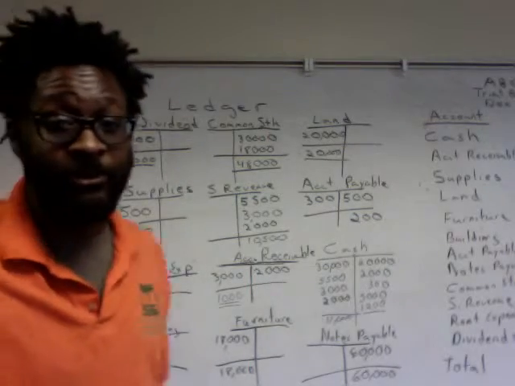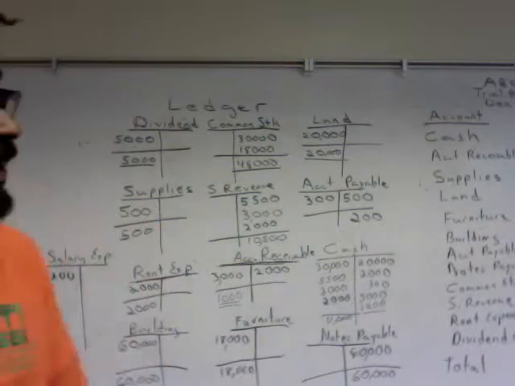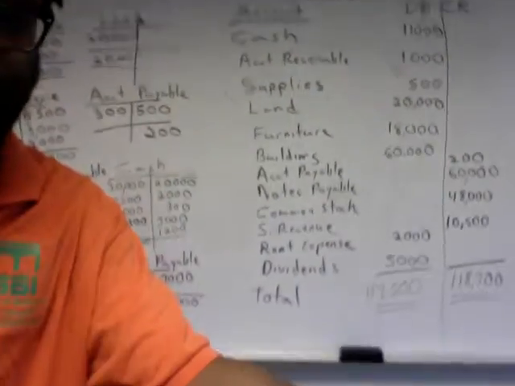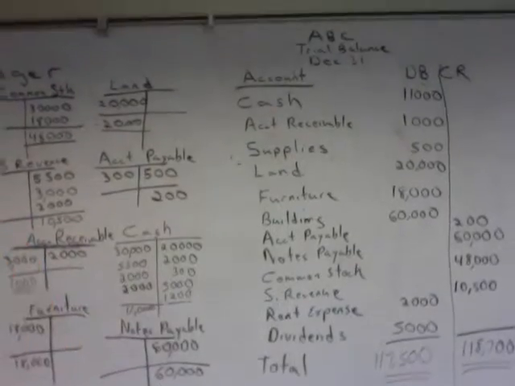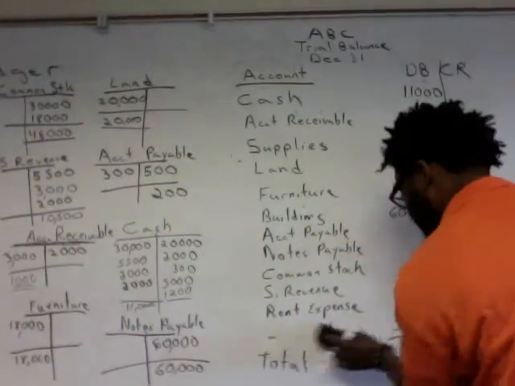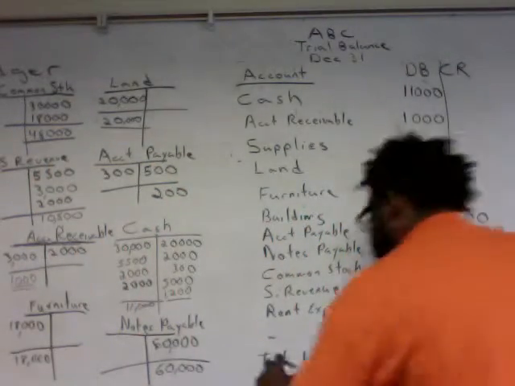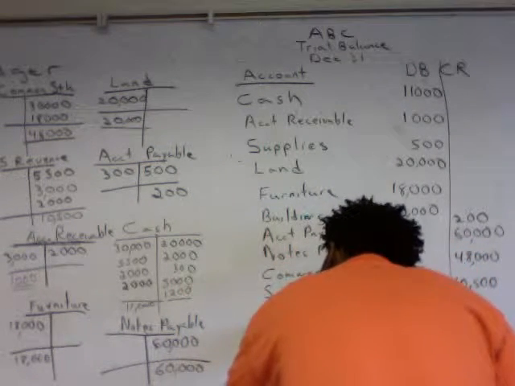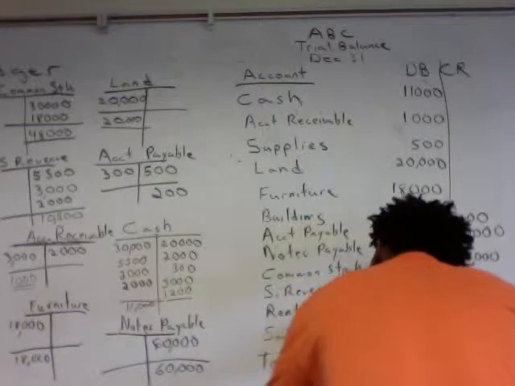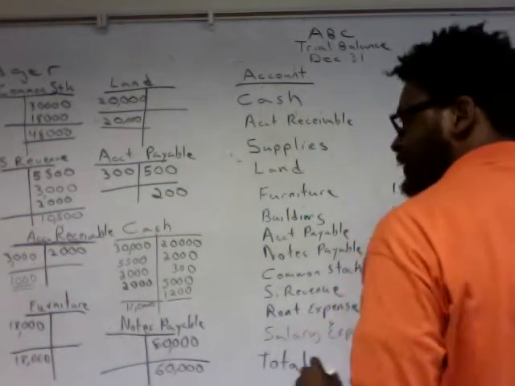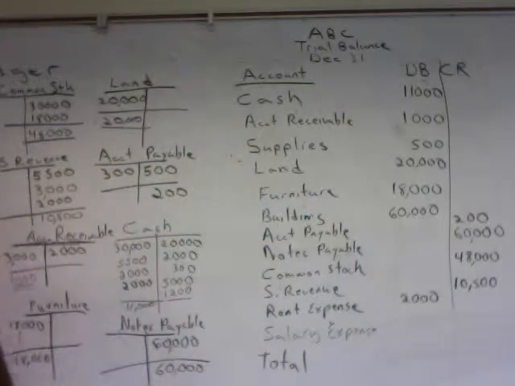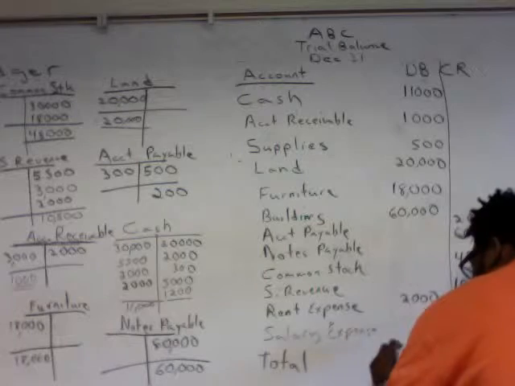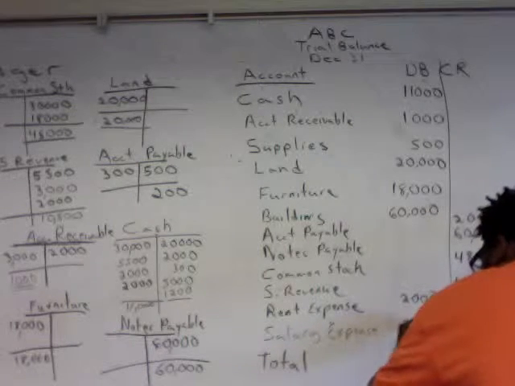Now everything should work because now I have an extra account that needs to go to my trial balance. It's an expense, and so it needs to go right under rent expense. And so I'm going to go ahead and post the salaries expense right there under there. And obviously the ending balance for the salaries expense is $1,200. And so I'm going to post $1,200 there.